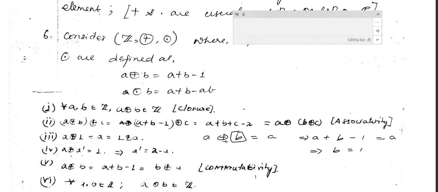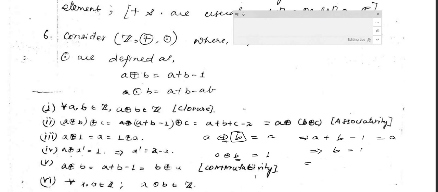And similarly here A prime, when we consider it as the inverse, or you can even write A circle plus B to be 1. So in this case we want to find what is the inverse.